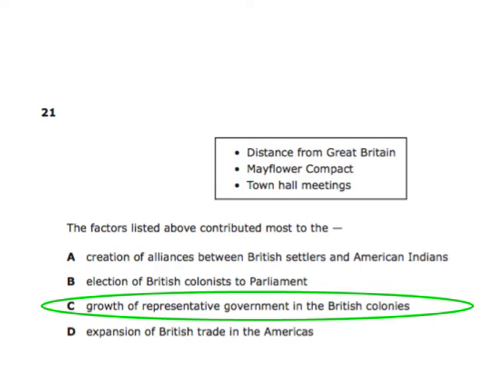Do you feel like you're hearing a repetitive theme here? The representative or self-government, things like the Mayflower Compact and how far they were from Great Britain, these town hall meetings, all these things that were churning up this early colonial government, representative self-government.